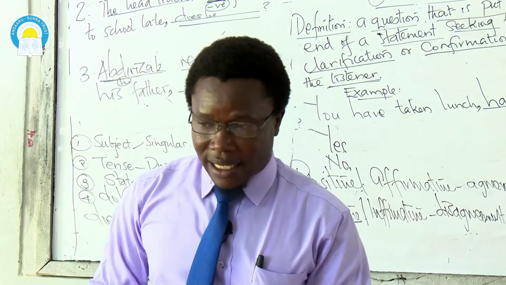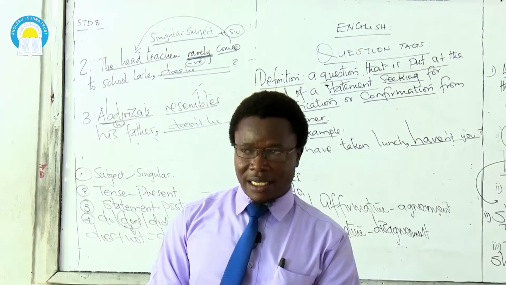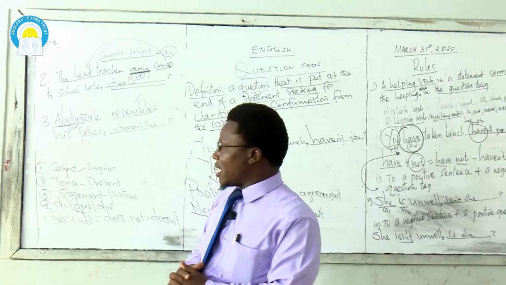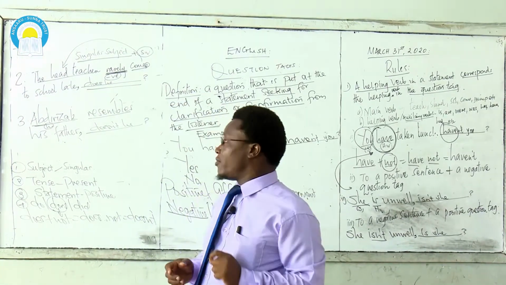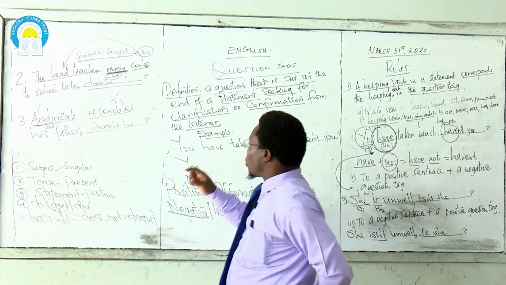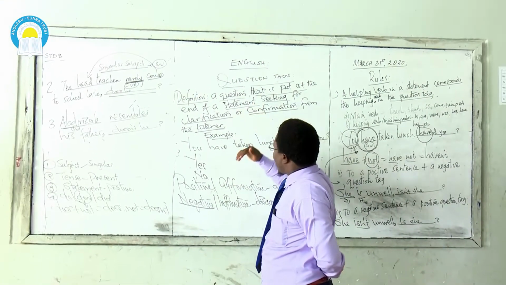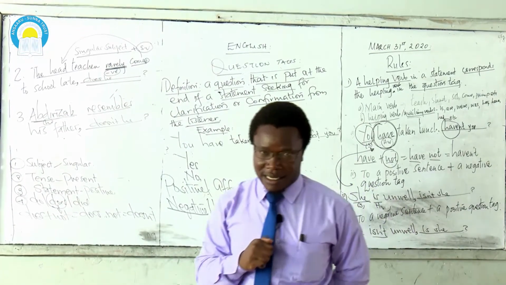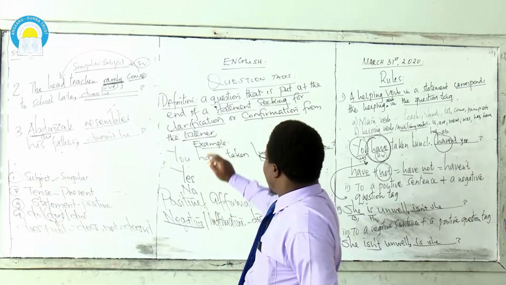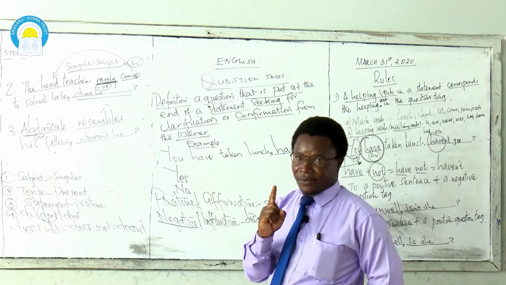So yesterday I gave you 4 questions for practice. Today I'll also leave you with a simple exercise on the same on question tag. But before I give you the exercise, it's good to put at the back of your mind that a question tag is a question put at the end of a sentence, seeking clarification or confirmation from the listener.